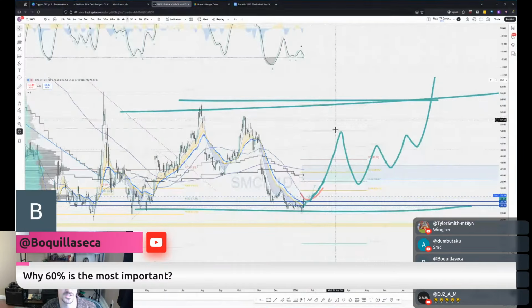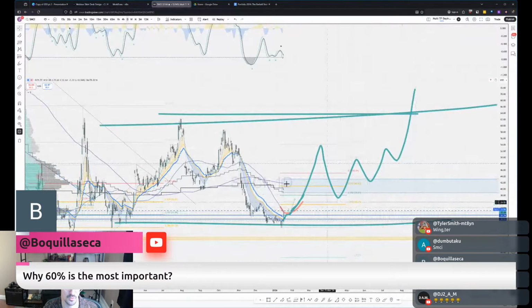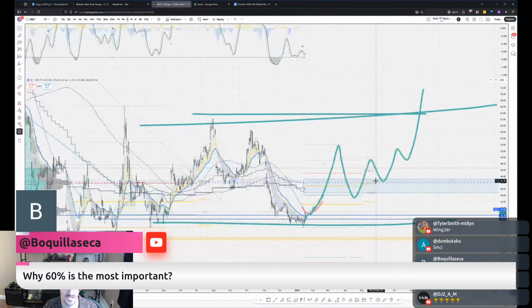And every time it pops too much, they'll sell some. But every time it comes back in a higher low, they'll buy more. So they're selling here, buying here, selling here, buying here, selling here, buying here, holding for the range break, and then they're selling up here. So the whole idea is when we were trading at a discount under the 50% of the current range, smart money is accumulating. And then whenever we get too ahead of ourselves, we sell, but then we rebuy it. So that's the kind of general idea.